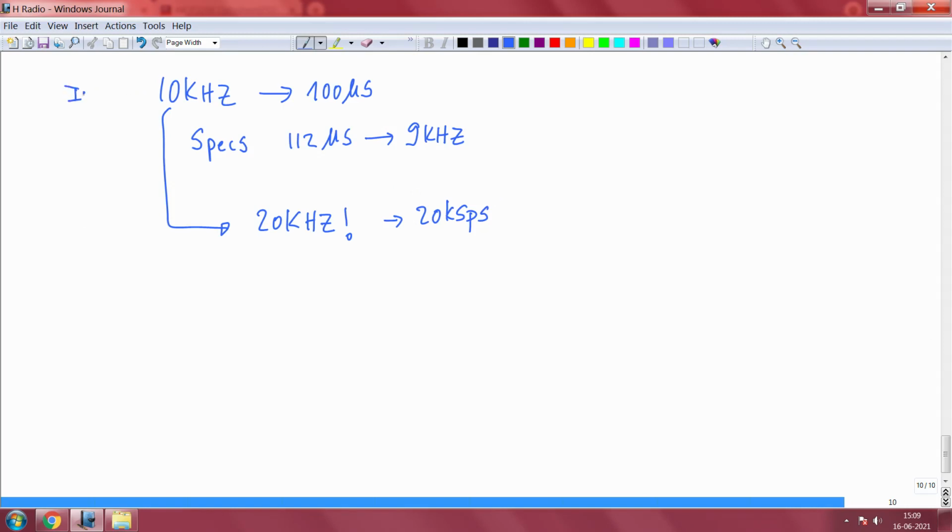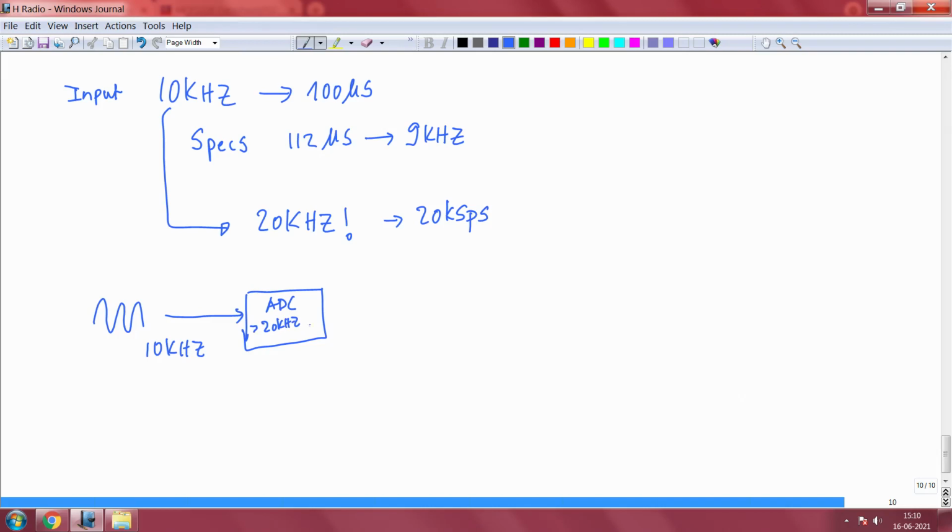This is your input to the ADC. So, let me draw this here. This is your 10 kilohertz signal, this is your ADC. It should sample the signal, let us say this is your analog signal, at least 20 kilohertz, if not higher than that.